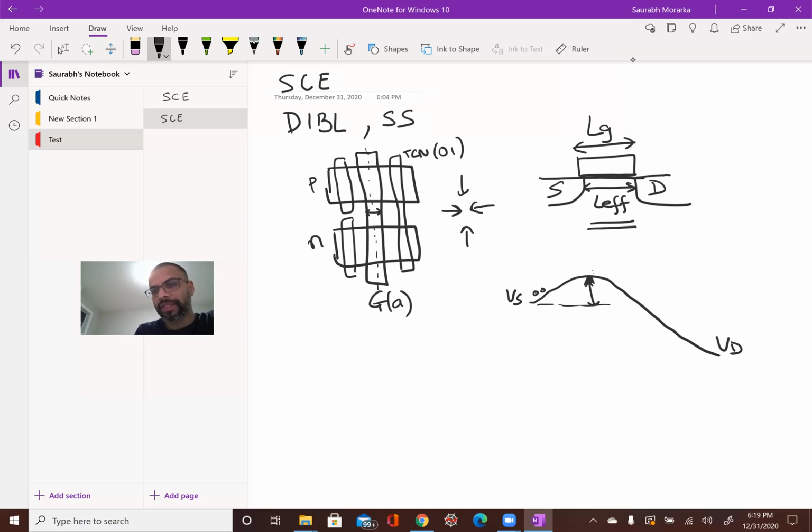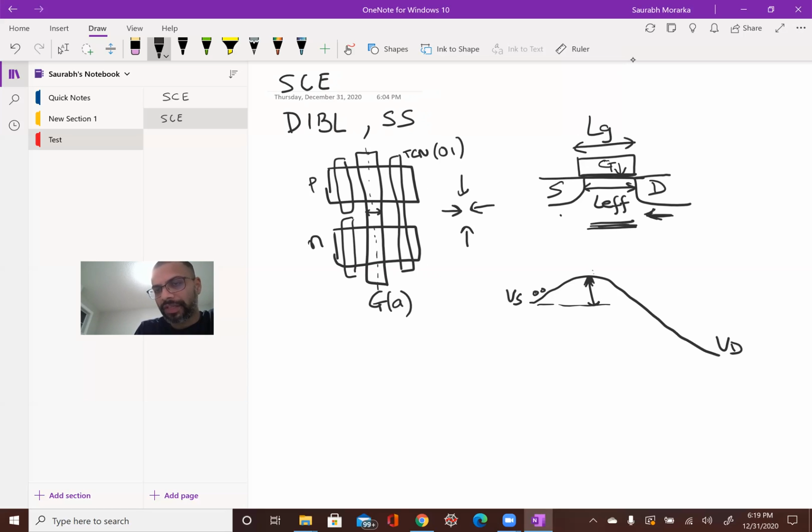Now, what happens is, as L effective reduces, the drain is able to exert an electric field which is so strong that it's able to circumvent the electric field that the gate creates vertically down, and the drain is able to directly talk to the source, and the gate is not able to control that communication between the drain and the source.